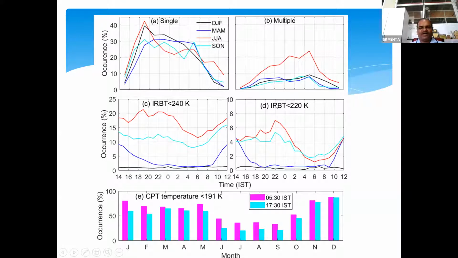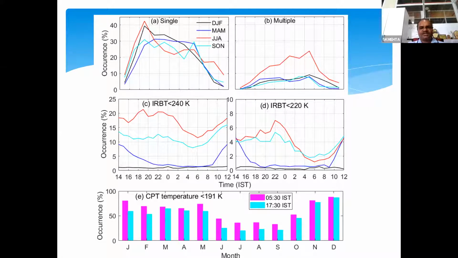For the multiple layer, we see that the freeze drying mechanism is playing more of a role, because in the morning time the temperature goes lower than 191 Kelvin. So we attribute that the colder temperature could be the reason it initiates more of the multiple cirrus cloud.